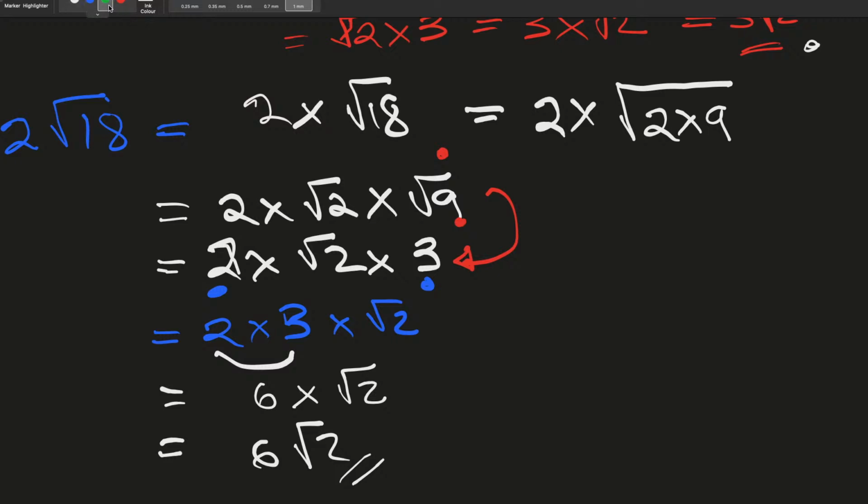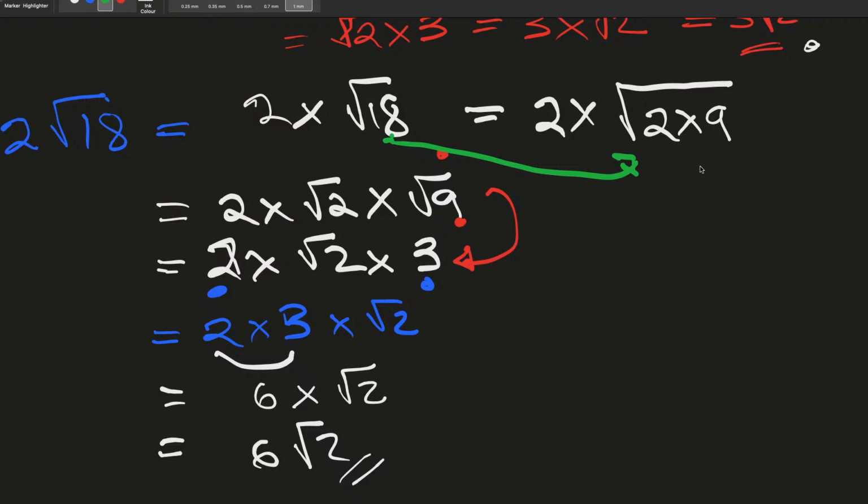We're given 2 surd 18. So what we did was we said surd 18 is 2 times surd 18. So we said 2 times this, expansion of this. That became 2 times 9. Then we put them together. After that, we expanded.